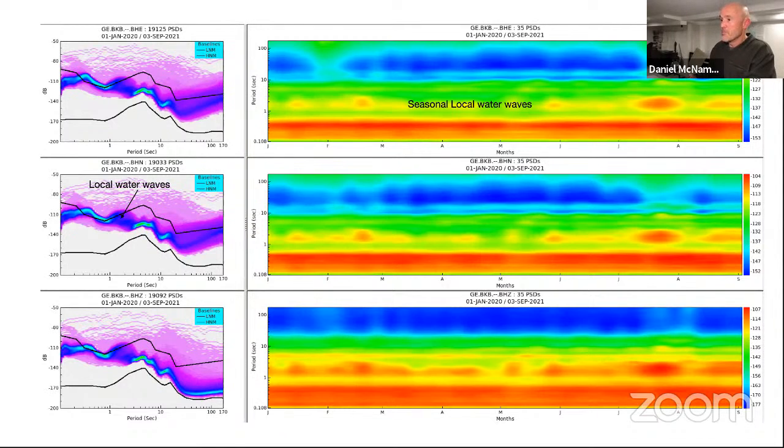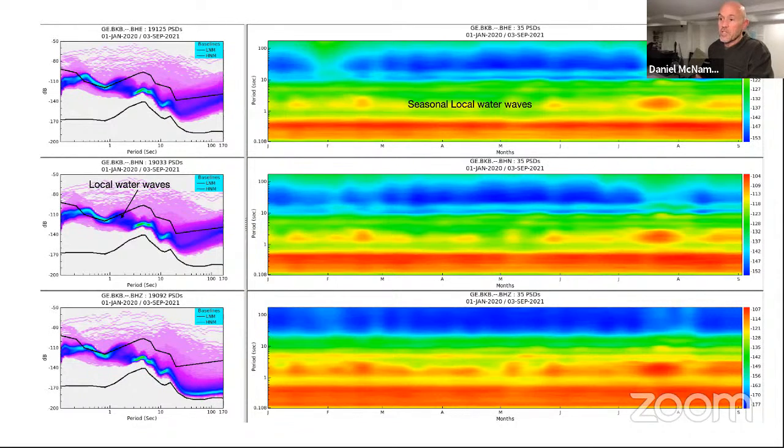Okay. Maybe if you talk to local surfers, they'd know all about that, I'm guessing, because this is probably water waves coupling energy into the solid earth. Okay. And again, there's not much you can do to get away from that unless you put your station farther away from the coast.